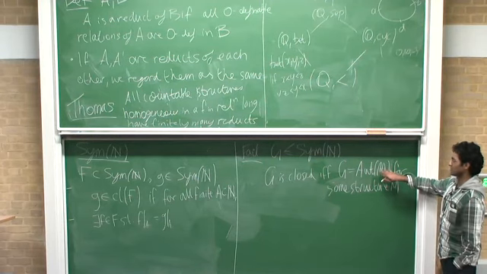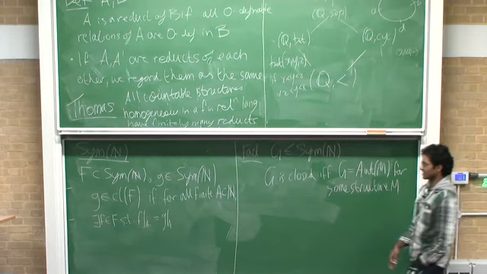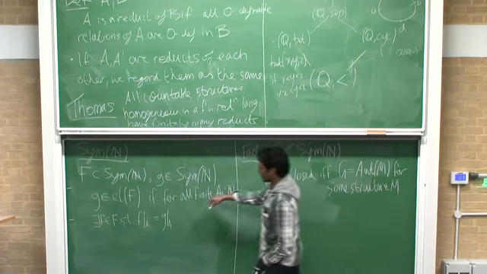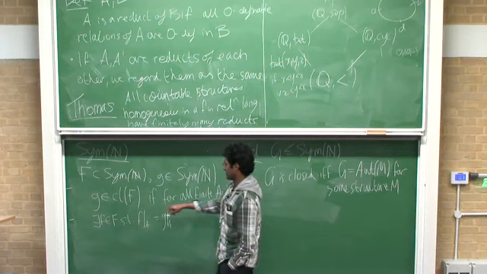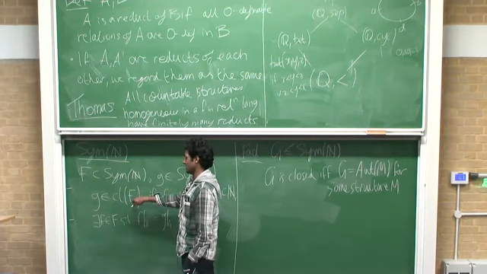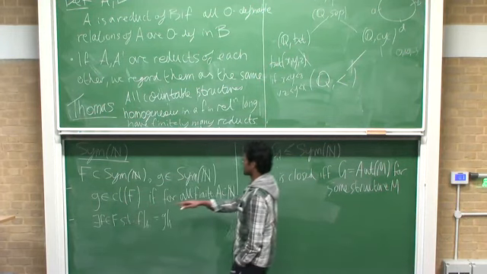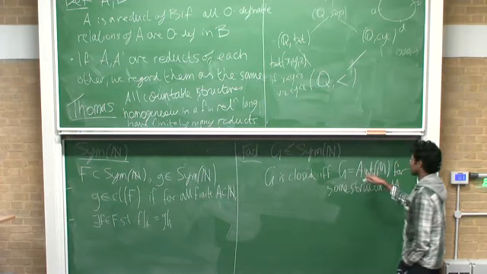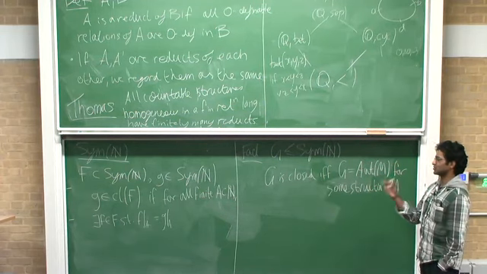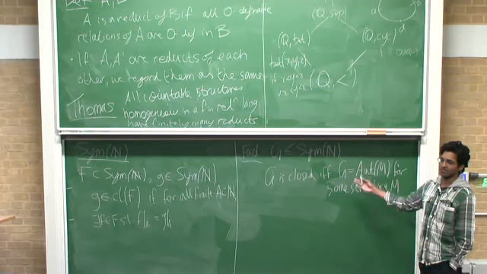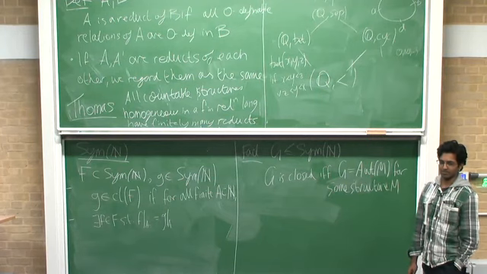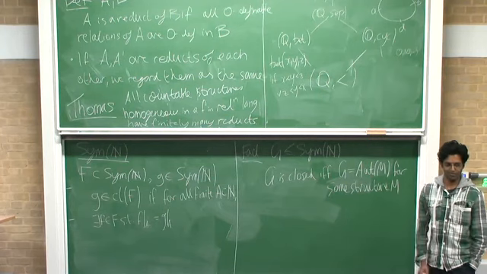So if you have an automorphism group, you want to check it's closed. Well, to say that G is well approximated by an automorphism group is the same thing as saying that G preserves all the relations that are definable in your structure. Hence, it's in the automorphism group.